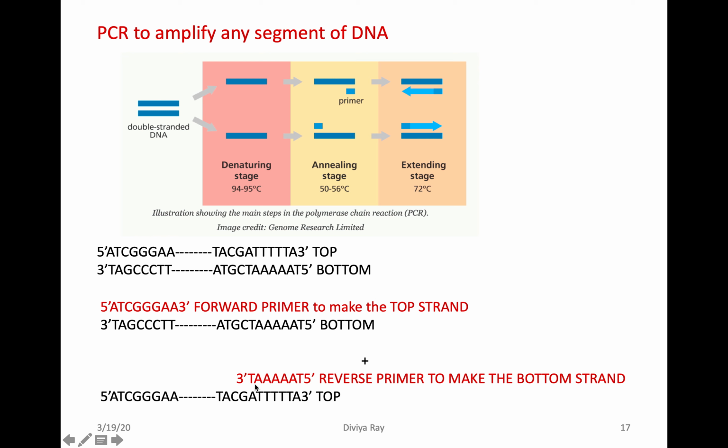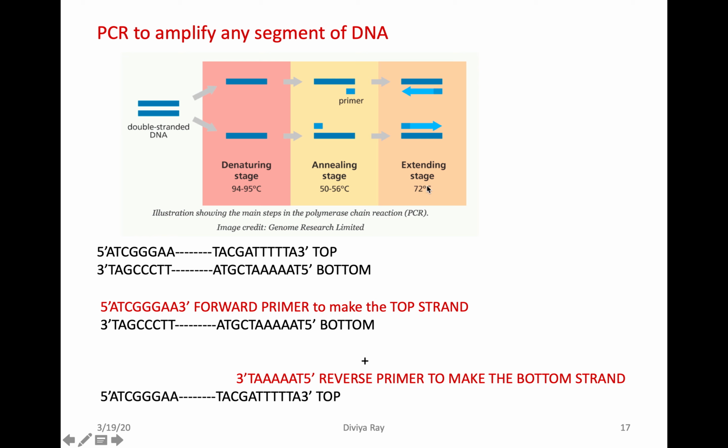And this is the reverse primer, which is complementary to the top strand, and its 3' hydroxyl end can be elongated to make the bottom strand. So you lower the temperature, add the primer, and let the primer undergo complementary base pairing. Let the primer undergo annealing.